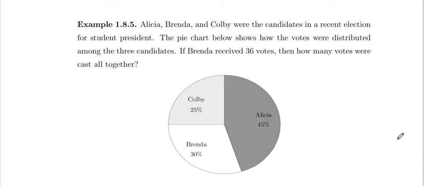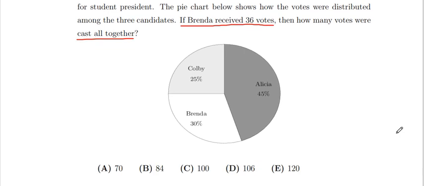Let's say the question is: if this person receives 36 watts, how many watts are there altogether? This person accounts for 30%, so 30% is 36 watts.